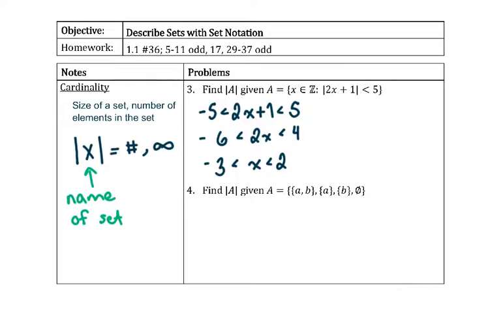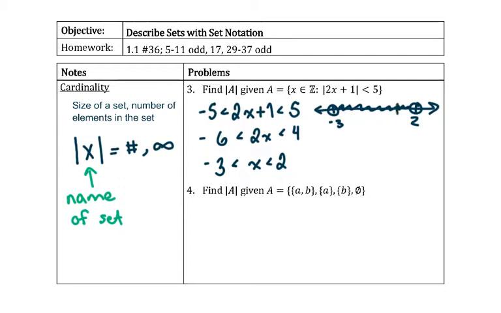Now, if we're stuck on the next question, which is how many integers is this, I might even draw it out on a number line. So if I'm going from -3 to 2, these are open bounds, because you'll notice here we started with an open boundary. In between these, we're only looking at the integers.